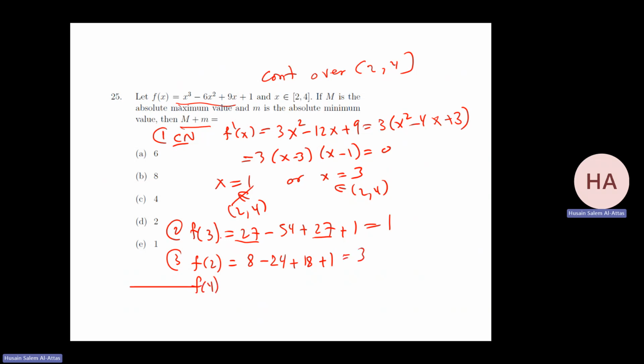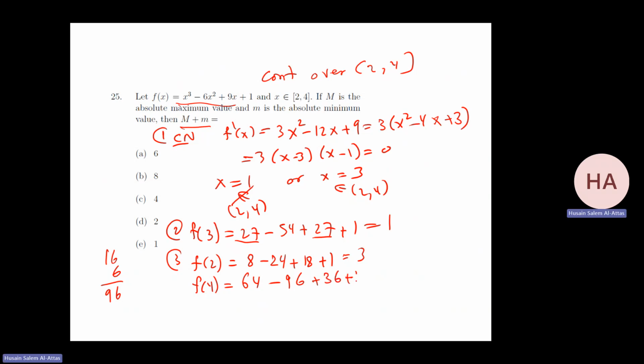F at 4, see what will happen at 4. That will be 64. 4 squared is 16, 16 times 6 that will be 96. Minus 96. 9 times 4, this is 36, sorry.